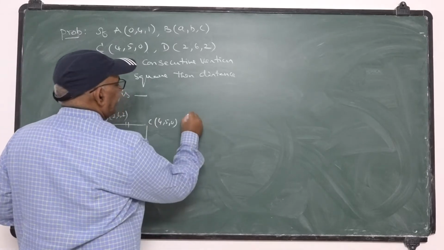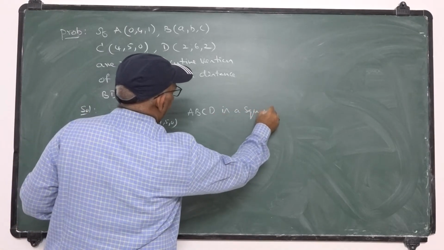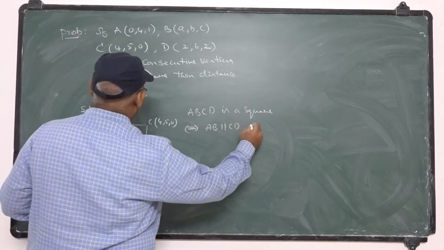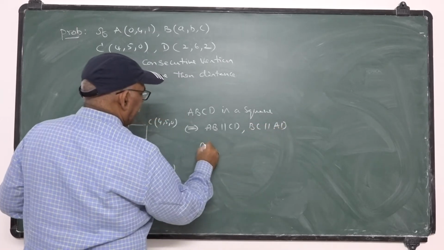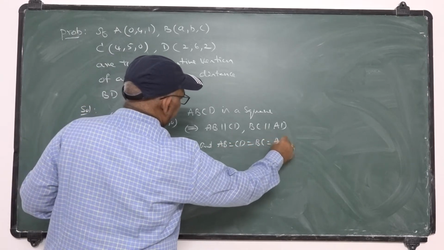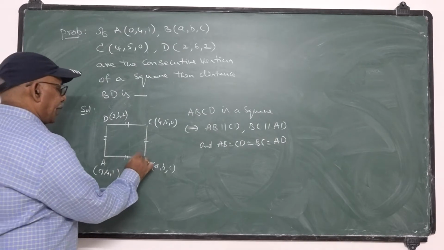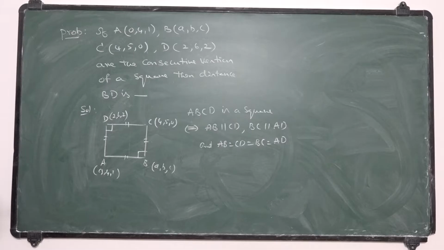ABCD is a square implies AB is parallel to CD, BC is parallel to AD, and AB equal to CD equal to BC equal to AD. Moreover, angle B is 90 degrees and D is also 90 degrees. So ABCD is a square.